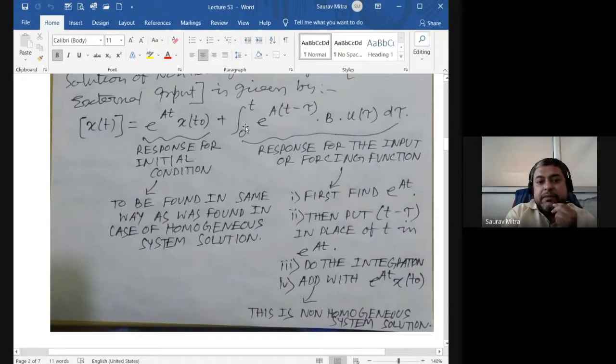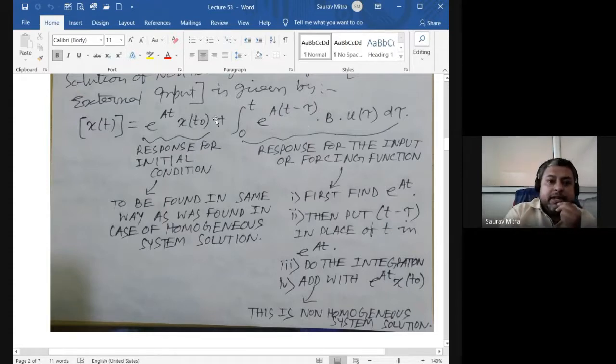So, integral from 0 to t of e raised to A(t minus tau). Whatever e raised to a t you find there, instead of t you substitute t minus tau. The B matrix is given. For x dot(t) = Ax(t) + Bu(t), the B matrix has dimension 2 cross 1. e raised to A(t minus tau) has dimension 2 cross 2, and B is 2 cross 1. If you multiply e raised to A(t minus tau) into B, you will find it's a column matrix.